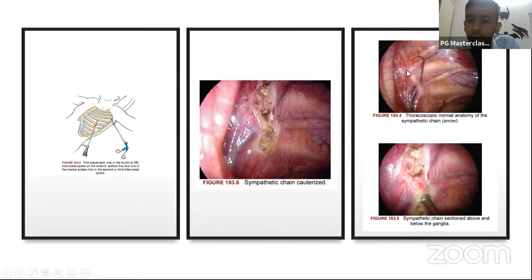So the parietal pleura is incised, and the branches of the sympathetic chain are cauterized, mostly with a harmonic scalpel, and along with its branches, the main trunk is also cauterized. As we can see here, the sympathetic chain is sectioned above and below the ganglia, and then the ganglia are cauterized. In this, the entire length along the mentioned spaces is cauterized.